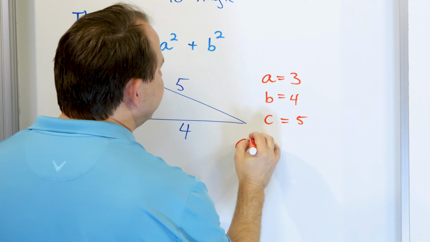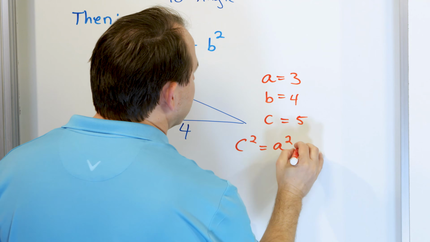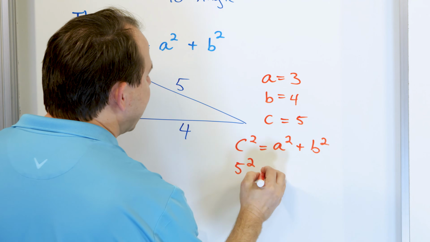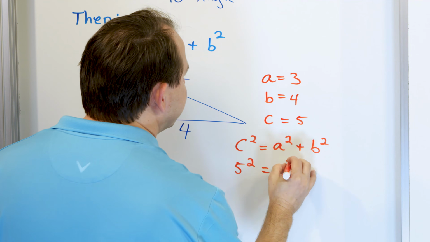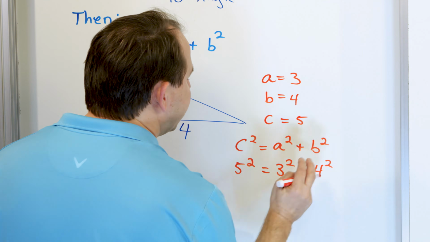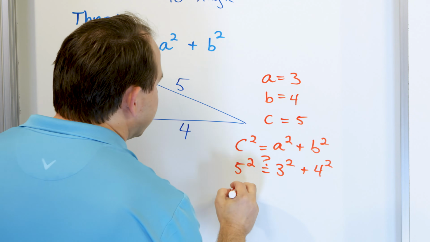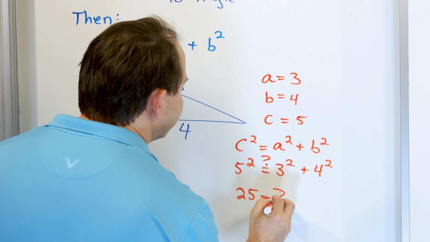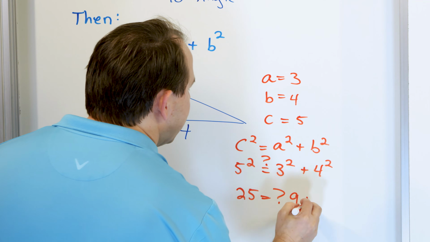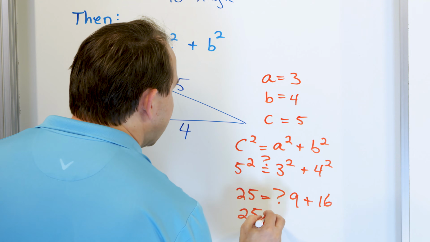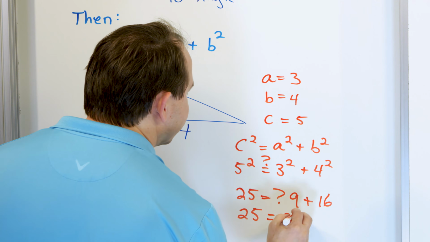We're going to say, well, is c squared equal to a squared plus b squared? We put c in here: 5 squared is on that side, 3 squared goes here, and 4 squared goes here. And we're asking ourselves, is it actually equal? Well, 5 squared is 25, equals question mark. 3 times 3 is 9, and 4 times 4 is 16. When you add it up, it is equal to 25.